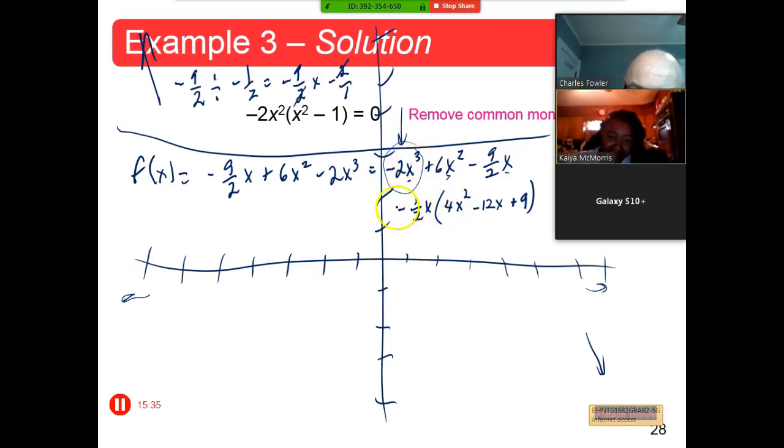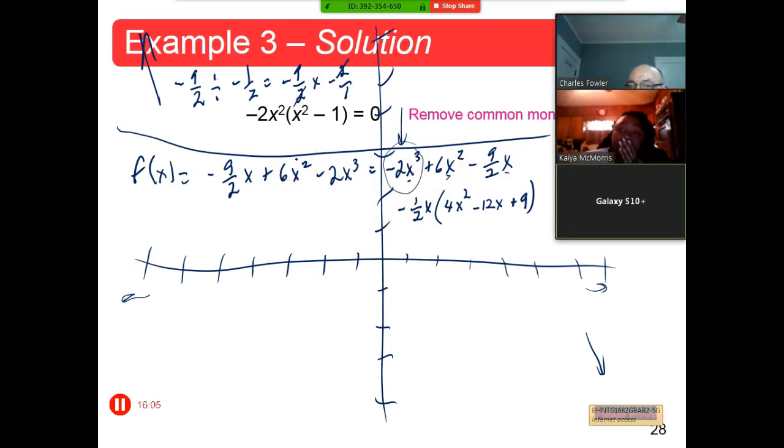Yeah, that works. Negative 1/2 of negative 12 is positive 6, and x times x is x squared. That worked. Negative 1/2 times 9 is negative 9/2 times x. Perfect. That is it. Now, this function here is the same as that one, is the same as that one.